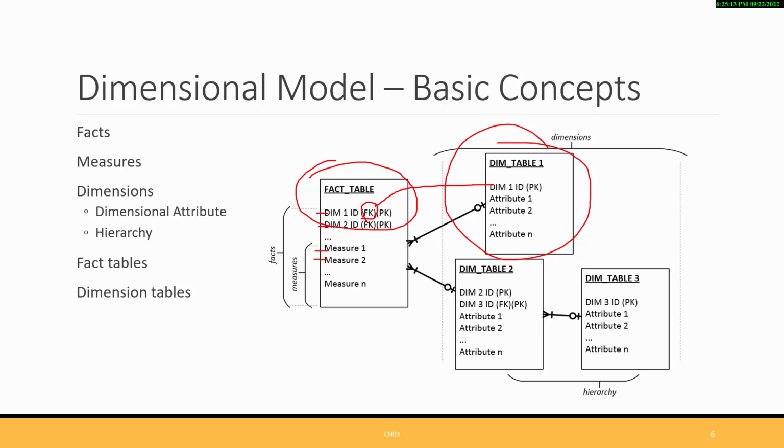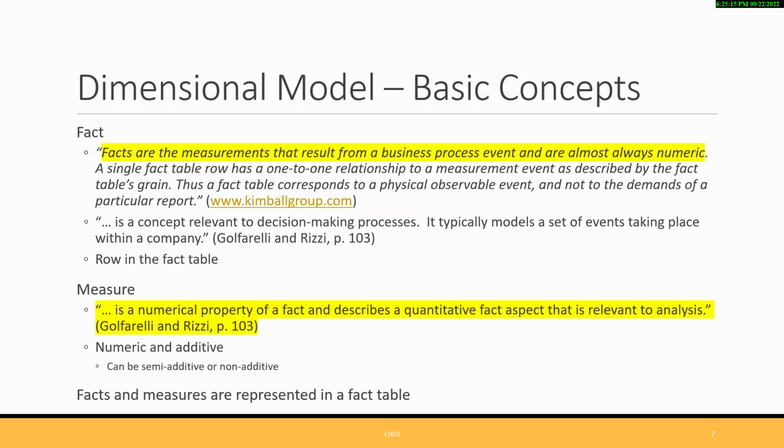So let's look at the definition of these terms real quick. Facts are the measurements that result from a business process event and are almost always numeric. So the contents of a fact table are mostly numeric. A single fact table row has a one-to-one relationship with the measurement event as described by the fact table's grain.